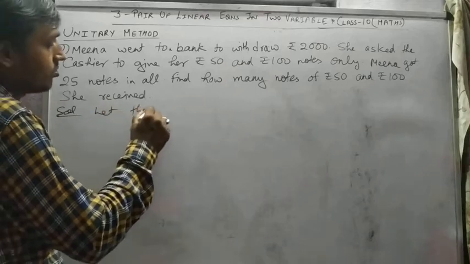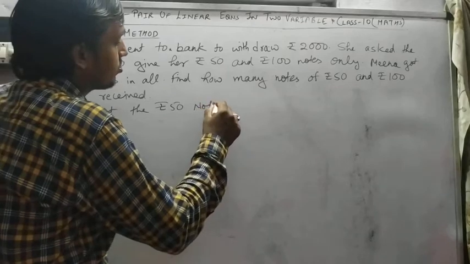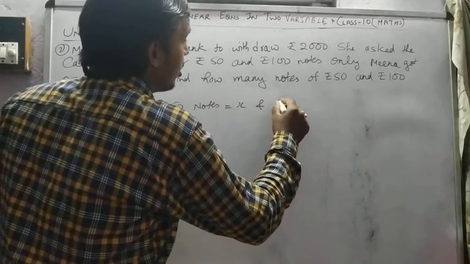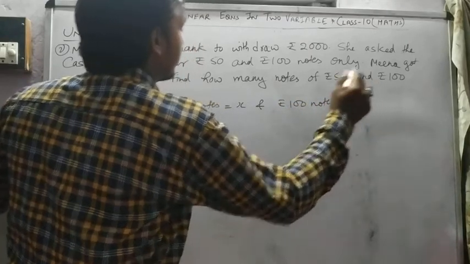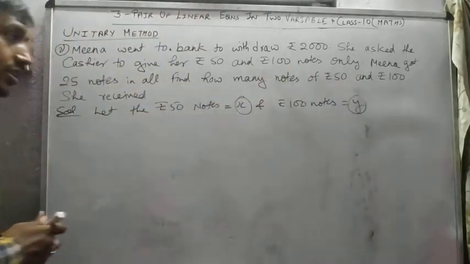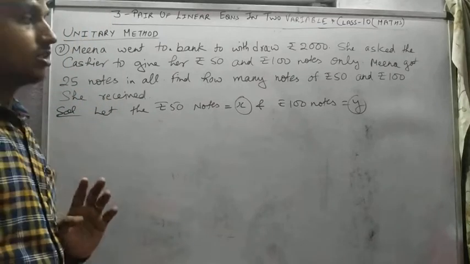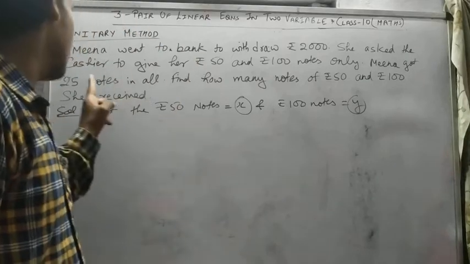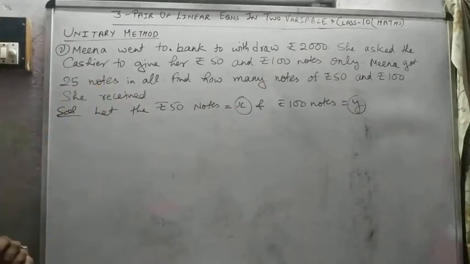Let the 50 rupee notes be x and the 100 rupee notes be y. Means she received x notes of 50 rupees and y notes of 100 rupees. Read this line: Meena got 25 notes in all.